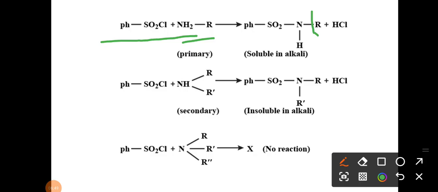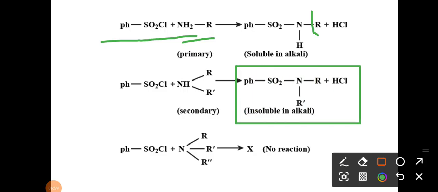Similarly in secondary amines, what is the product? That is the N,N-dialkyl benzene sulfonamide, which is insoluble in alkali. And for the tertiary amines, we have seen there is no reaction.